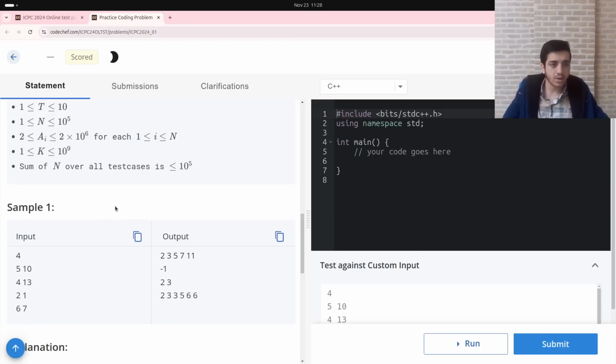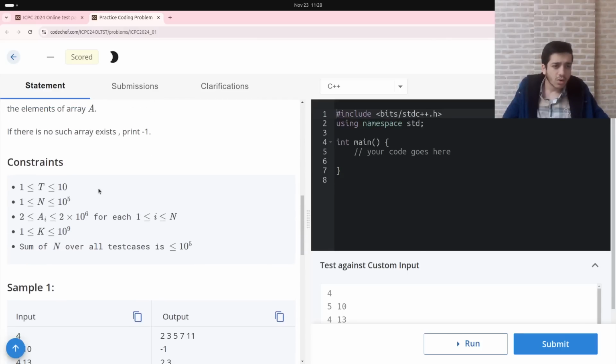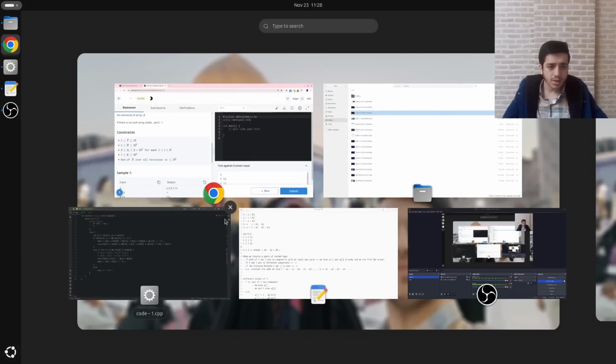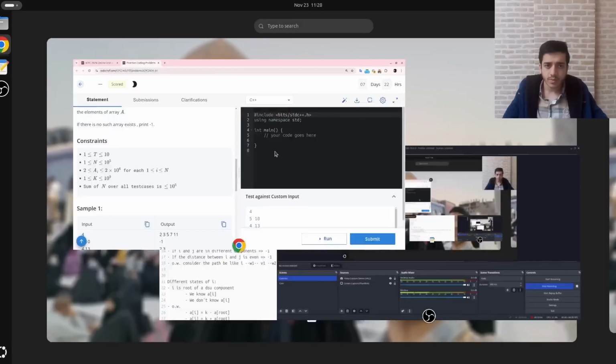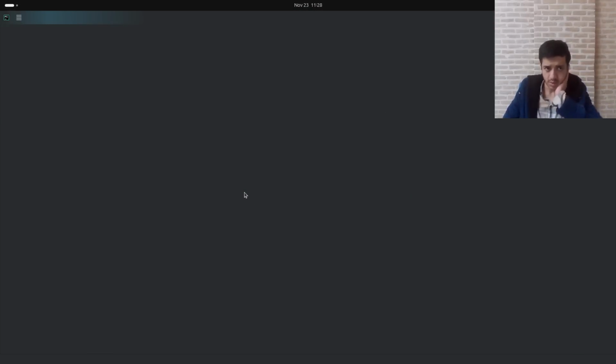So let's do it with Python, yeah, we can do it with Python. It doesn't need to be done by C++. That's going to be easy.